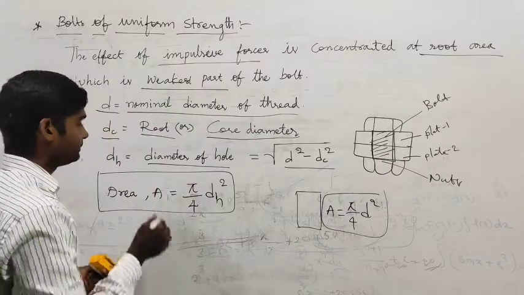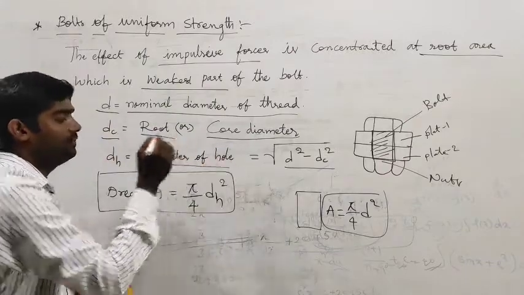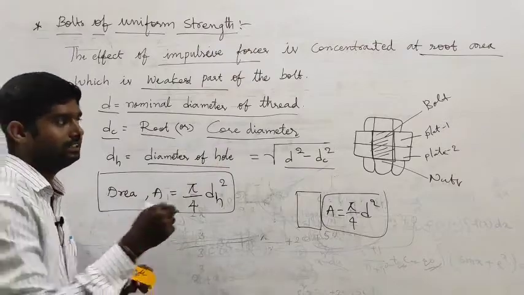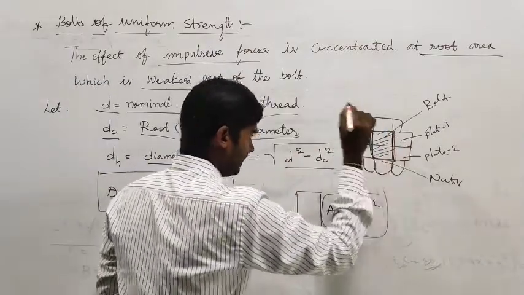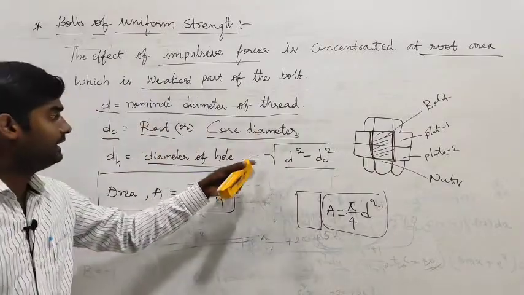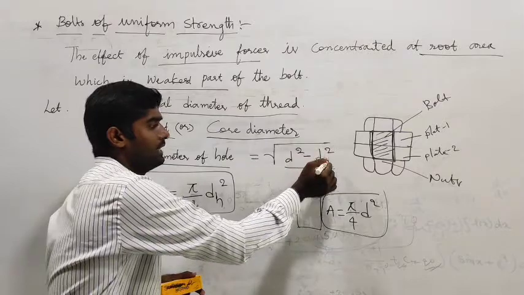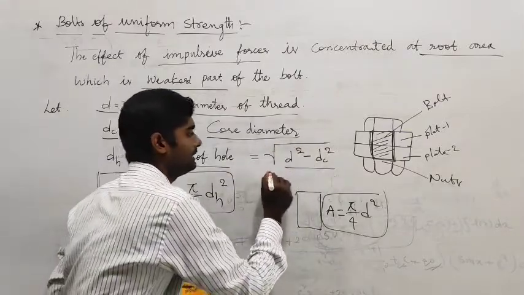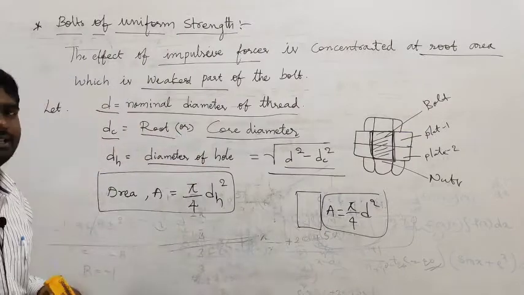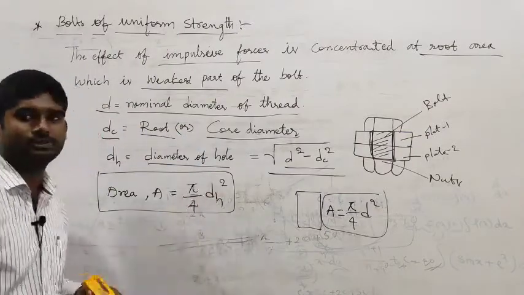In this bolt, DH is the diameter of the hole, the plate hole. The hole diameter DH is equal to under root D square minus DC square. Using this hole diameter, area A is equal to pi by 4 DH square.